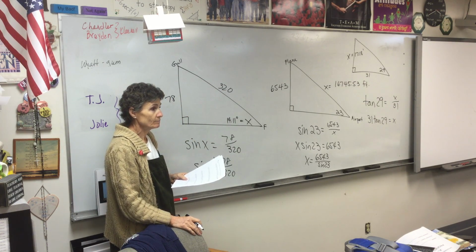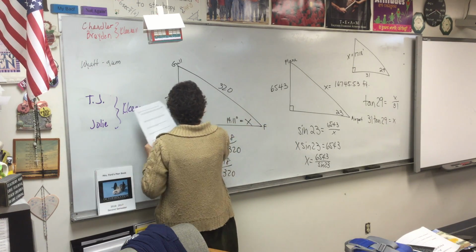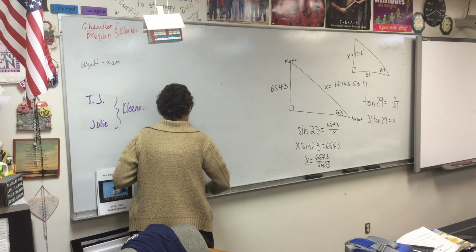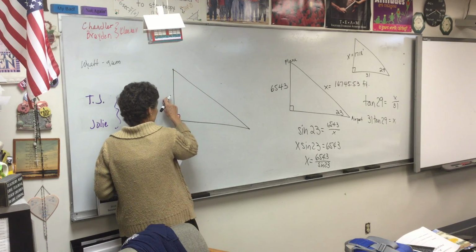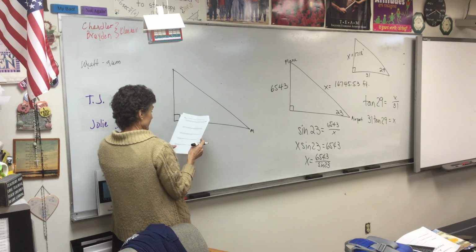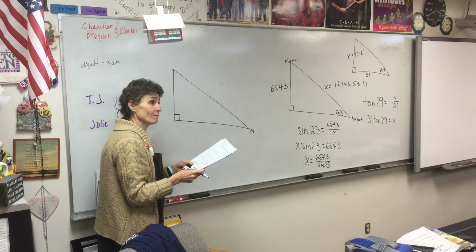All right, Phil, this one's yours. What is the angle of elevation of a man looking at the top of a building? So here's our right triangle. Here's the building. Here's the man. He's looking up there at the top of the building. The building is 84 feet tall.